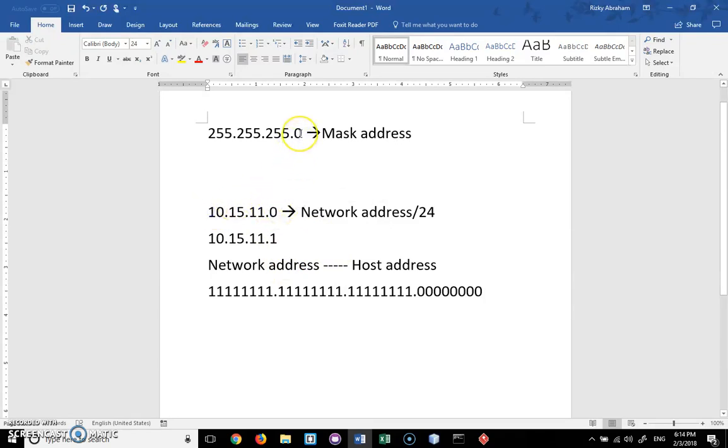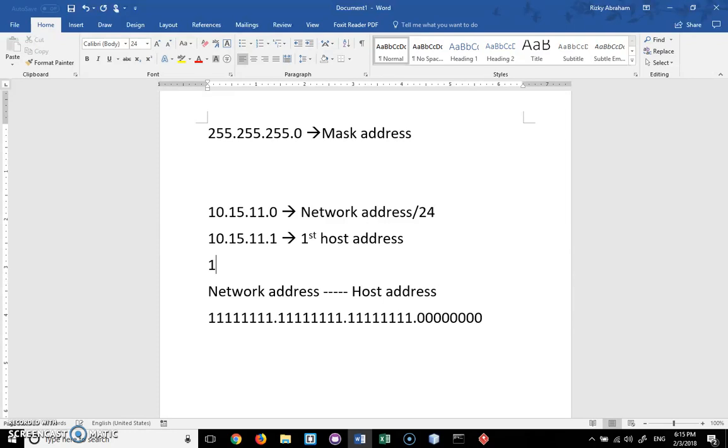There's a maximum number of 255 right here, and the first number, which is a 0, would be the network address, and then the next number will be the first host address, and then the last number, which is the maximum number, 255, would be the broadcast address.